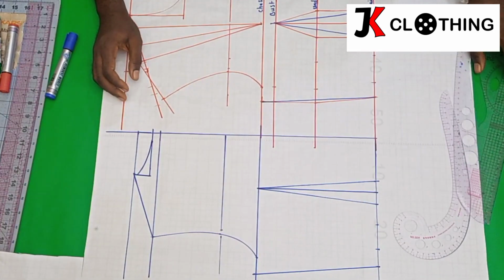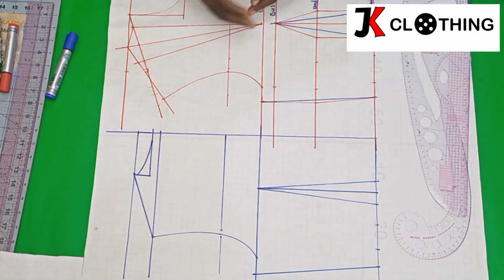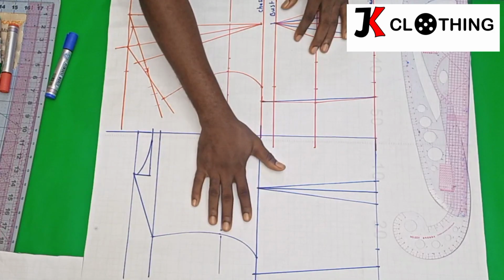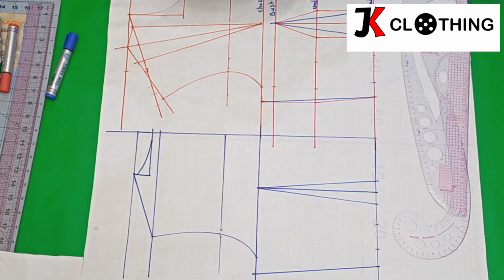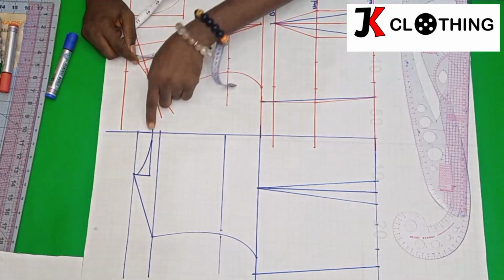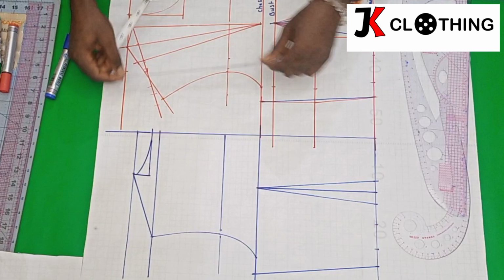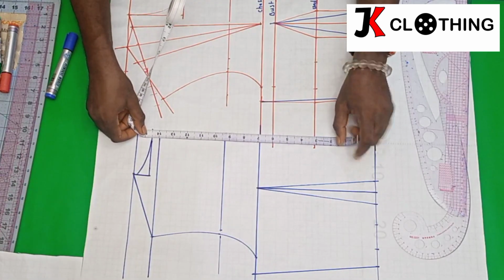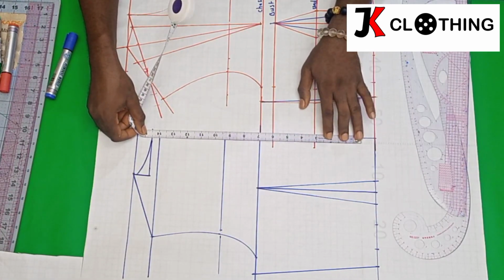Next step would be to mark our nape to waist. We would have been done with the back, but the nape to waist measurement was 14 and a half. So the 14 and a half will start from the nape. This is 14 and a half.